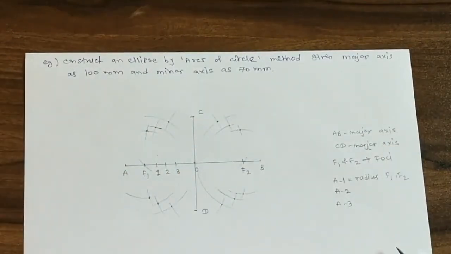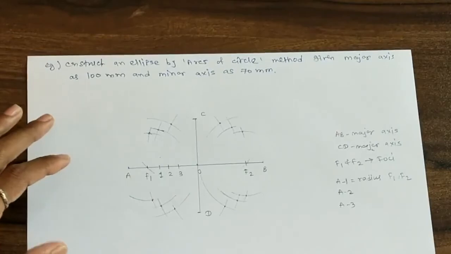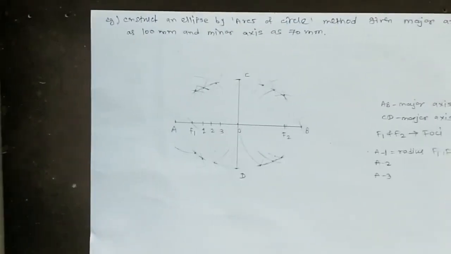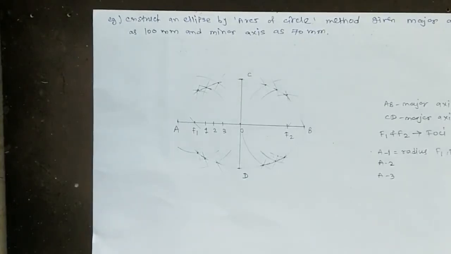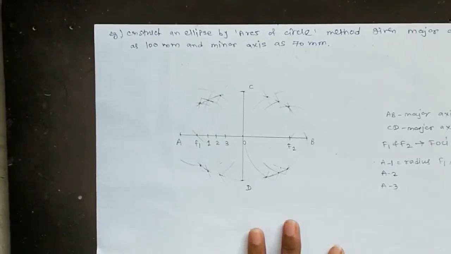Now we have to draw the ellipse. Now join all these points with the help of a French curve.